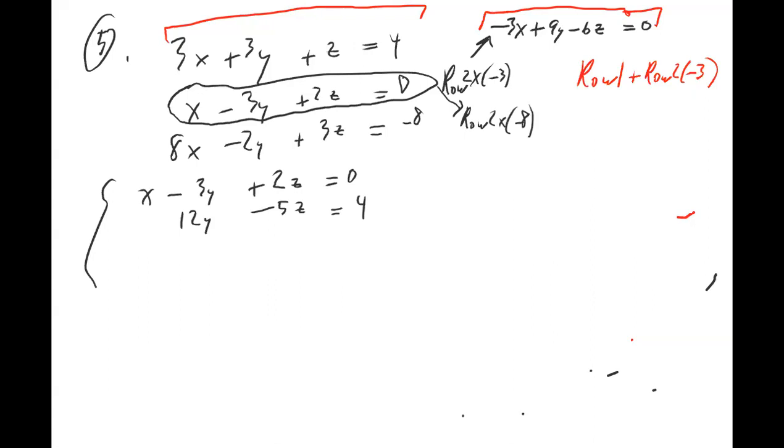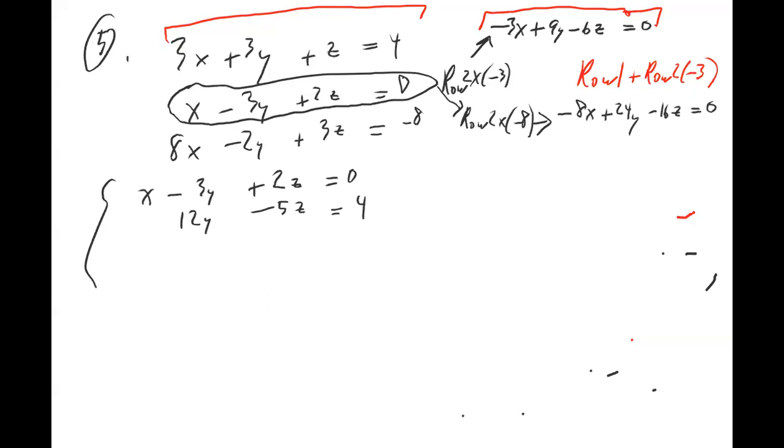And I'm going to put the result down right over here. So row 2 times negative 8 is equal to negative 8x, positive 24y, negative 16z equals 0.